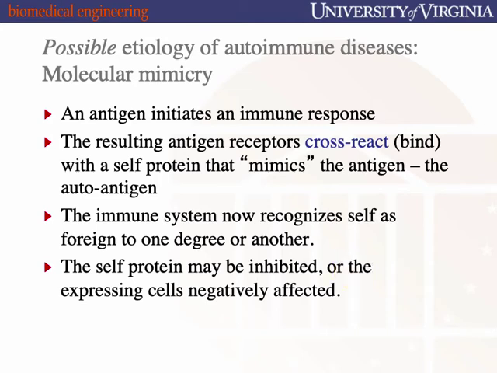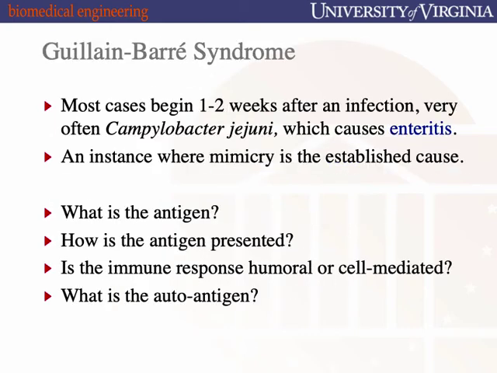Maybe you've inhibited the ability of that protein to bind and engage its receptor. Or you can have the cells that are expressing that antigen negatively affected, right? If I've generated a cytotoxic T-cell response, then my T-cells will start attacking the cells, right, and killing those cells that are expressing that protein.